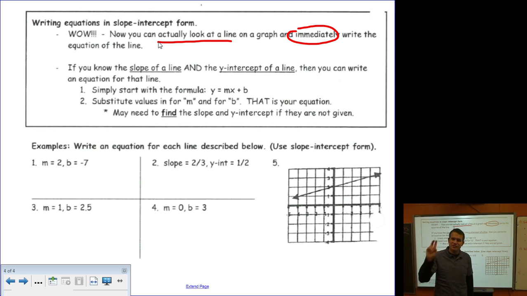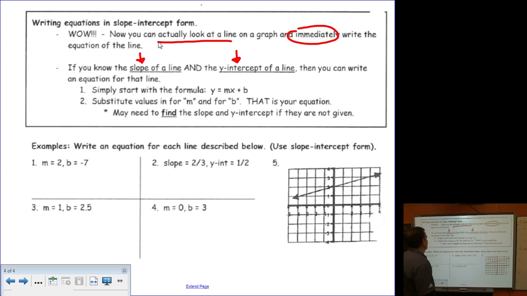It only takes 2 pieces of information about a line to be able to write an equation for it. Those 2 pieces of information are, do you know the slope of the line, and do you know the y-intercept of the line? If you know those 2 things, you can write the equation for the line.